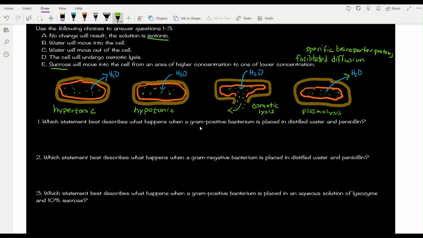So now we go to our question. Question number 1, we have a gram positive. We know that gram positives have thick cell walls. And we know that penicillin destroys cell walls.